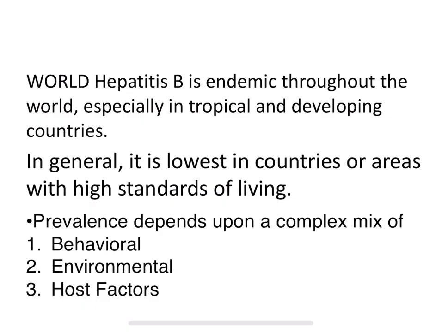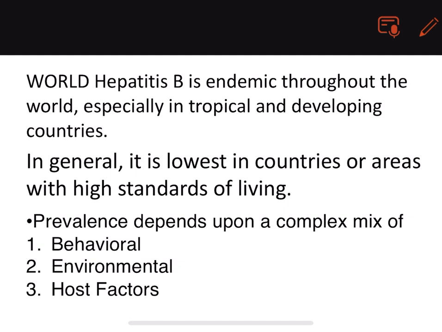Hepatitis B is endemic throughout the world, especially in tropical and developing countries. So we are now discussing the epidemiology. In the world, hepatitis B is endemic. The endemicity of active hepatitis B virus infection will be reflected in the serological prevalence of hepatitis B surface antigen in the general population of a defined geographical area.